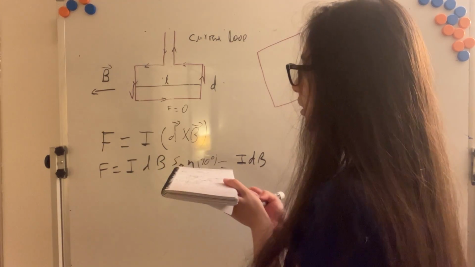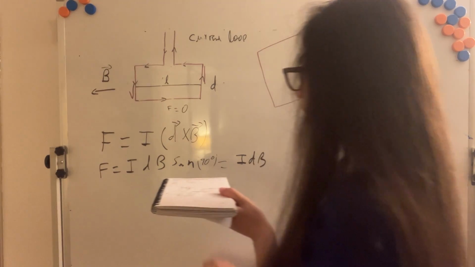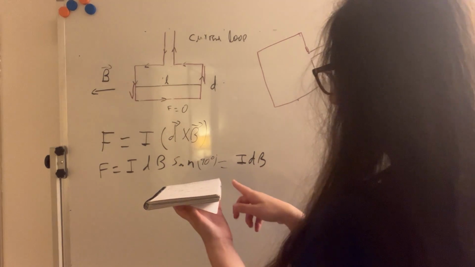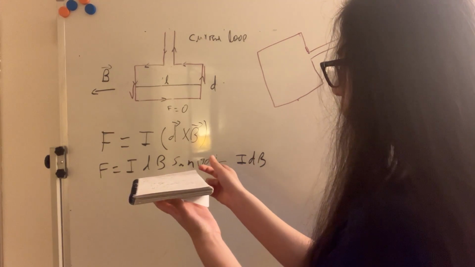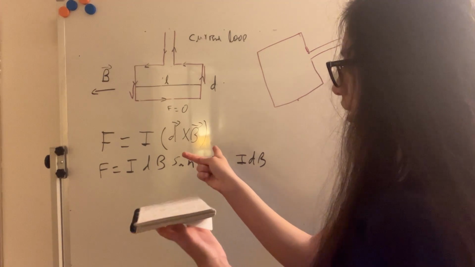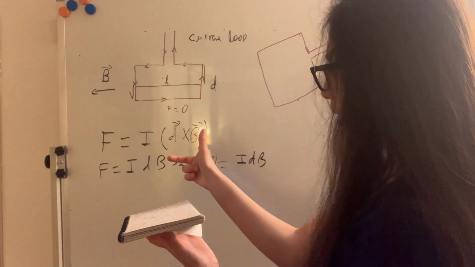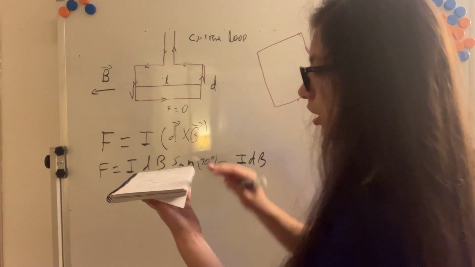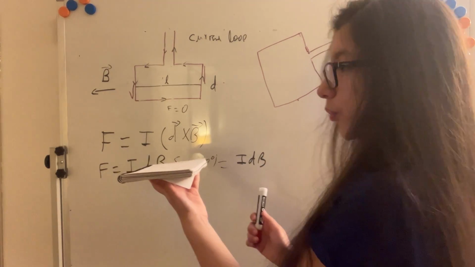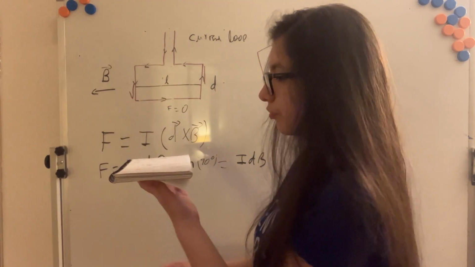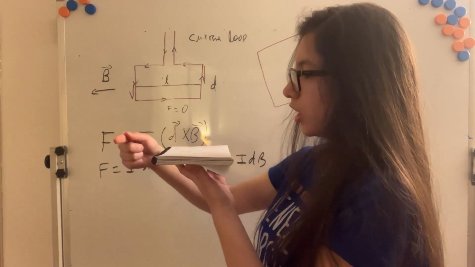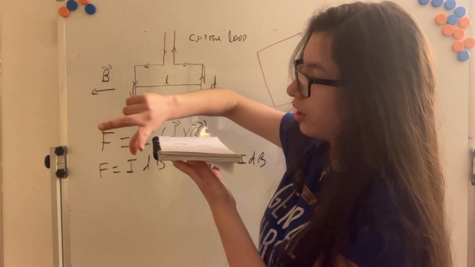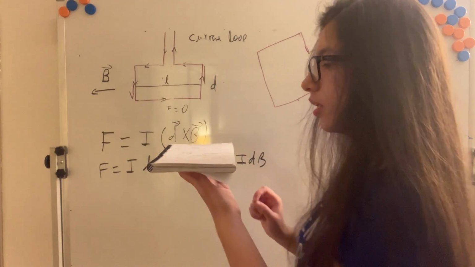Now, what is the direction of the force? By the right hand rule, this length is in this direction, we have the magnetic field with the middle finger, and so the direction of the force is going up. So the force exerted on this part of the wire is in this direction, upward. And for this, the current is going in this direction, the magnetic field is that way, and so the force is going downwards.